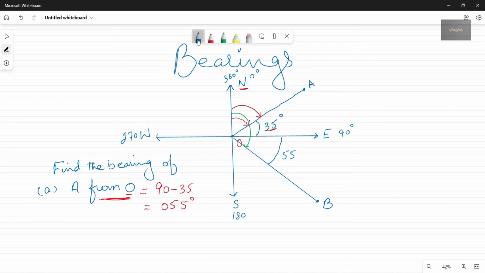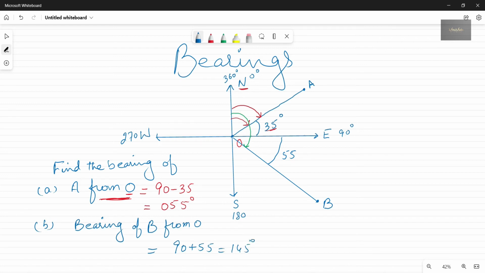Our question is part B: bearing of B from O. So B from O will start from the line of north and will go towards the line of OB. How can we calculate? You can see that till east we have 90 degree and then 55 degree more. So it is 90 plus 55. Your answer is 145 degree.